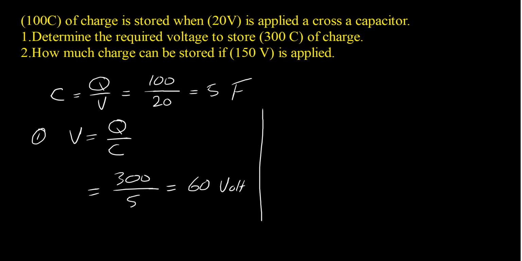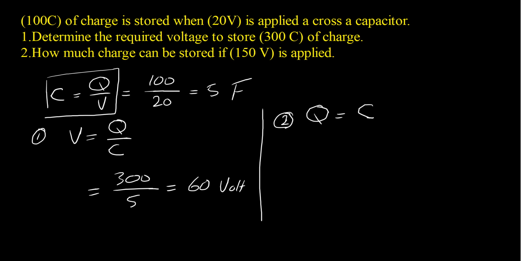For the second part of the question, how much charge can be stored if I have 150 volt applied across the two plates. Okay, the same formula here. We're not going anywhere from this formula, we're just going to rearrange it. We're asking for the amount of charge.